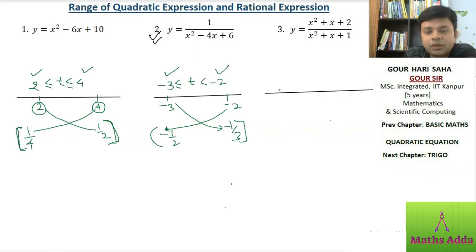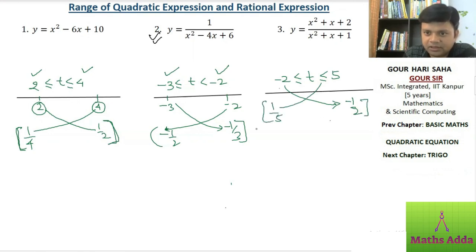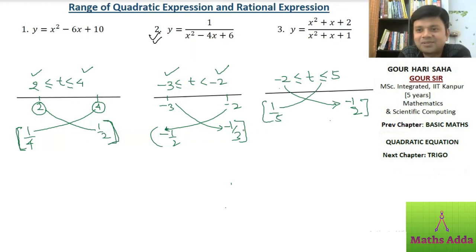Let's see what happens when one end is negative and one is positive. So if you think like this, minus 2 gives minus 1 by 2 and this gives 1 by 5, and if you write it like this, it is ridiculous, right? It is from 1 by 5 to minus 1 by 2. This is more than 1 by 5 and less than minus 1 by 2. It's not possible, right?